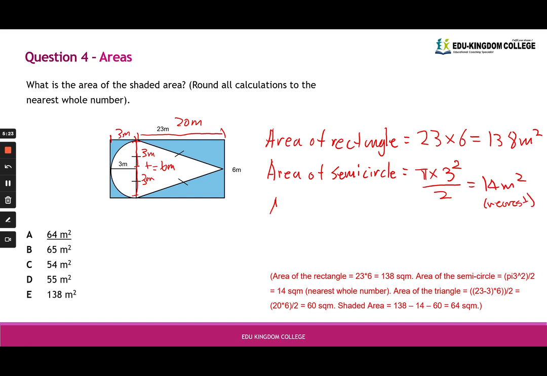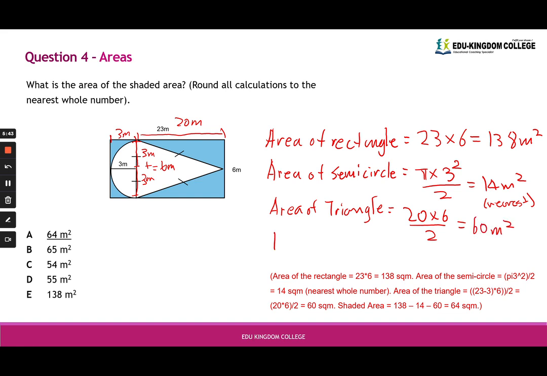Okay, and then we do the final bit, the area of the triangle. We have that already, so we just do 20 times 6 over 2, and so that will give us 60 meters squared.